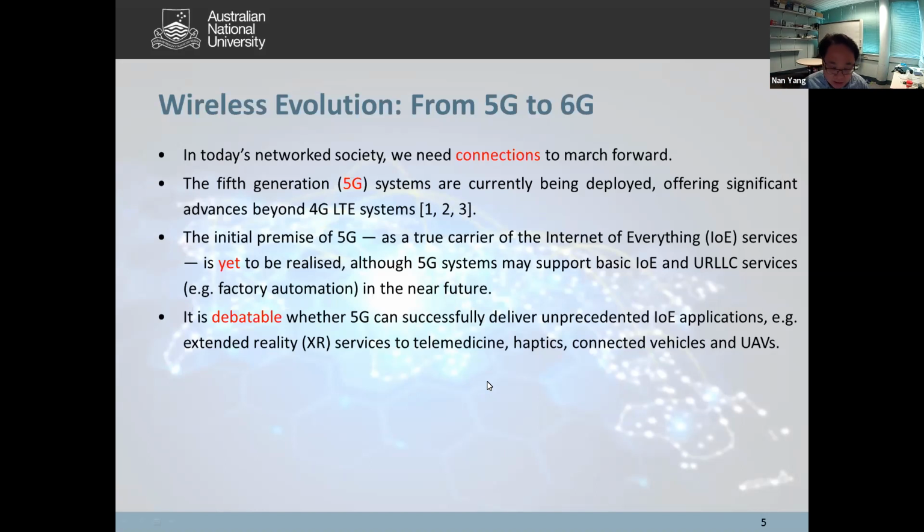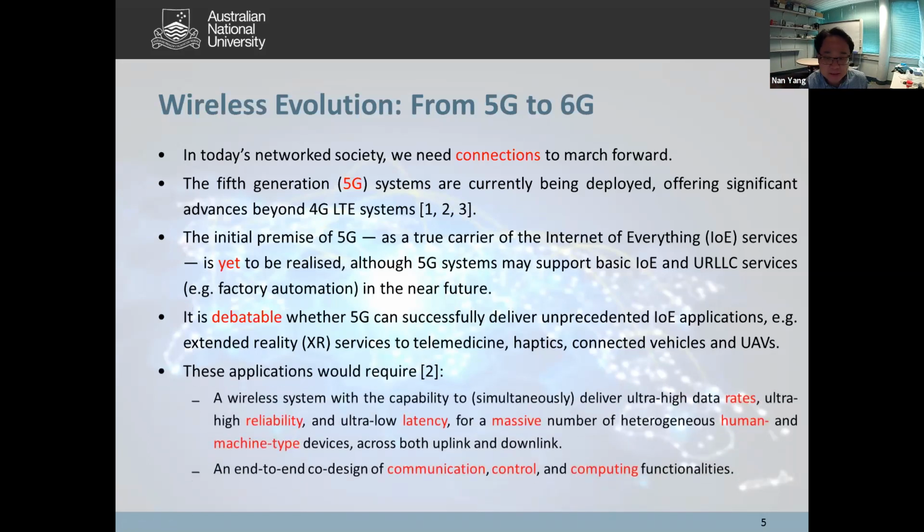For example, we may build extended reality services for different industries like telemedicine, haptics, connected vehicles and UAVs. We are not sure whether 5G can deliver that.